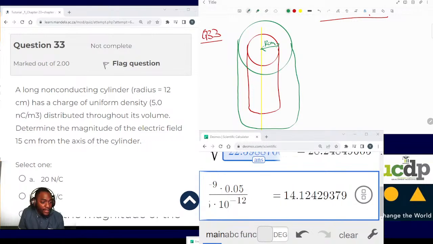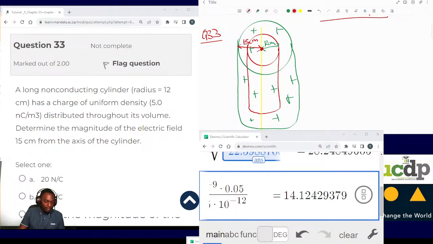Okay, and again the charge is positive. There's a positive charge. And the radius from the axis now is 15 centimeters. So now our Gaussian surface is covering the 12 centimeter radius cylinder.